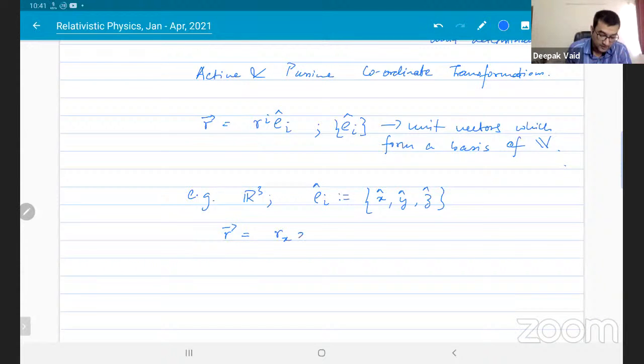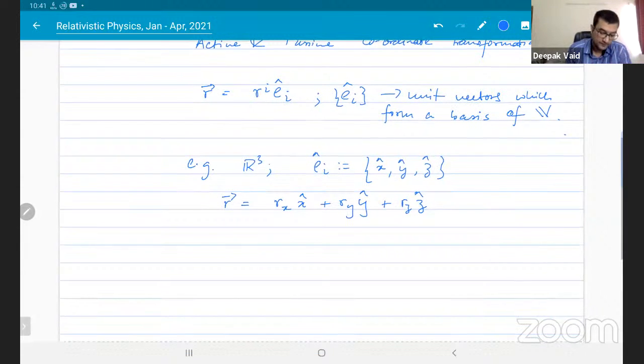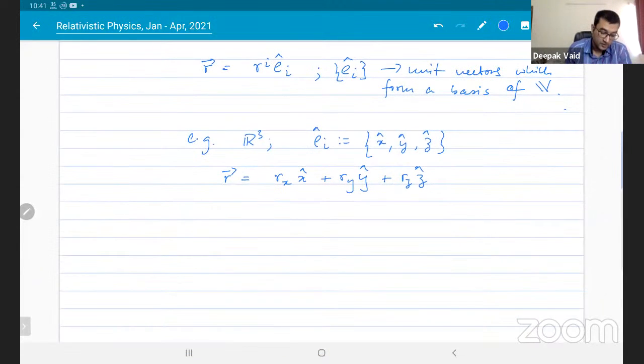Right? And then you would say that, for instance, any vector can be written as Rx x hat, Ry y hat, Rz z hat, like this, right? Here I'm using summation convention, so there is a sum over i. x, y, z are some basis vectors. And what is the property of basis vectors?